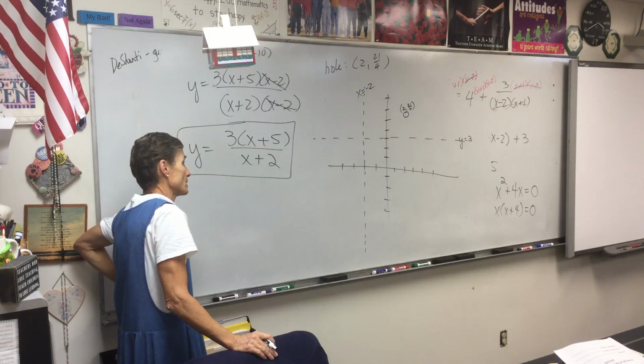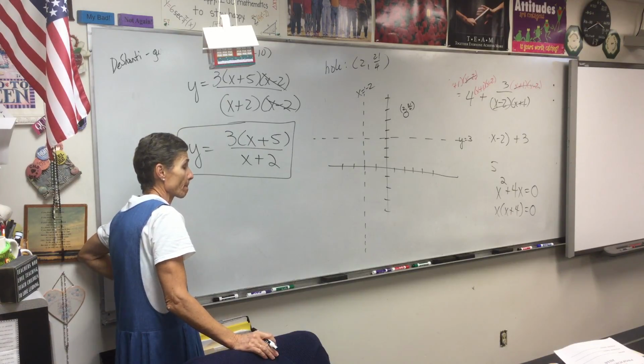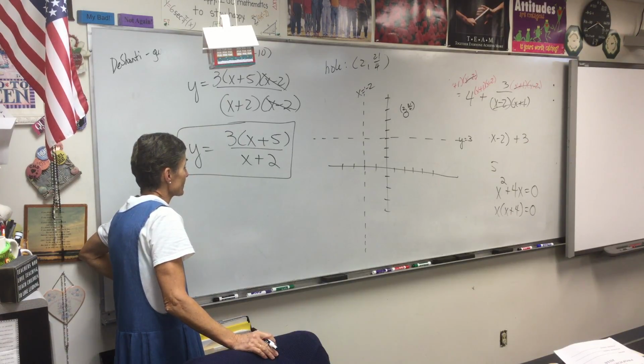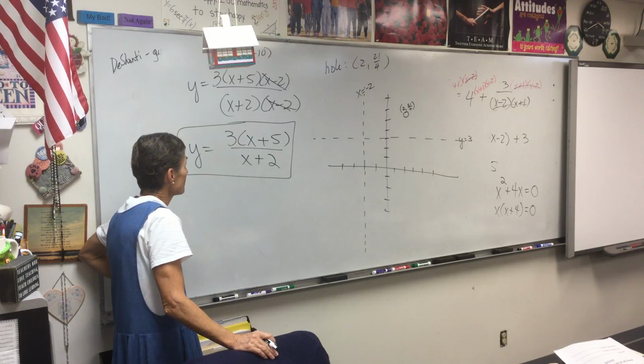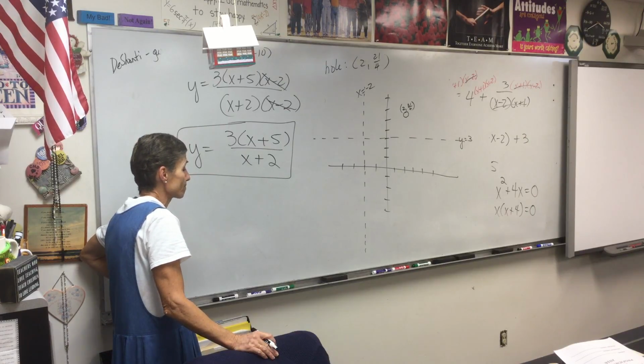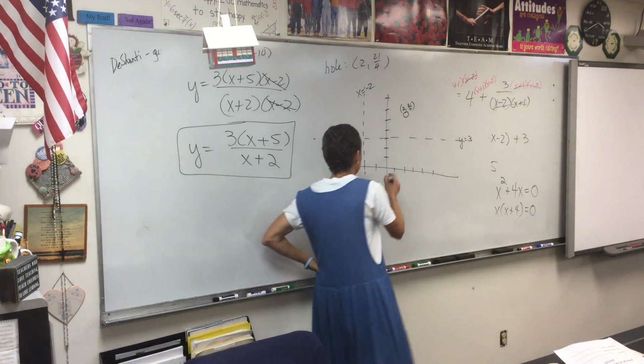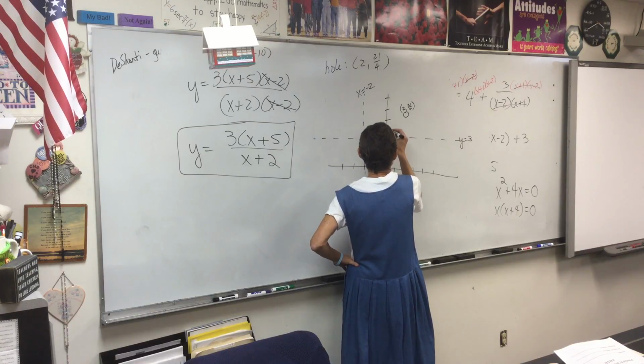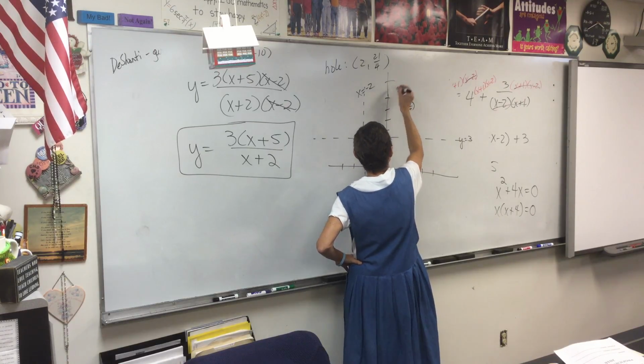All right, what about my intercepts? Where's my y-intercept? So you plug in 0 for x, and what do I get? 15 halves. So there's, let's see, 3, 4, 5, 6, 7, 8. There's 15 halves right there.